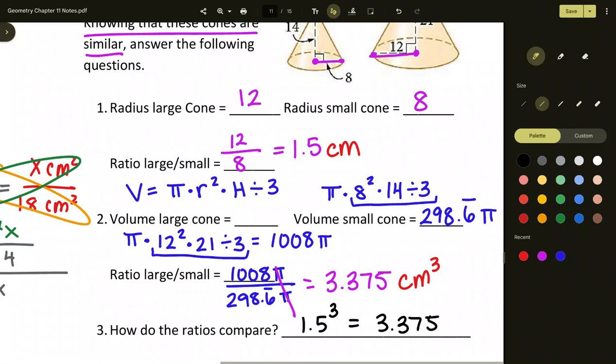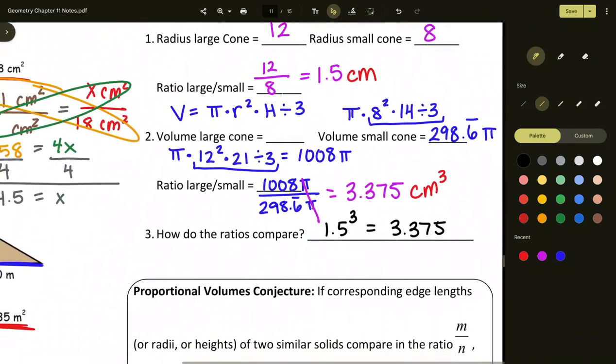So when we're looking at a comparison between side length, perimeter, ratio, or radius, height, all of those singular units like centimeters, if I want to compare them to a volume, they need to become cubic before we can compare it. Or vice versa, we could take the cubic units and uncube them with a cube root to create just plain units.